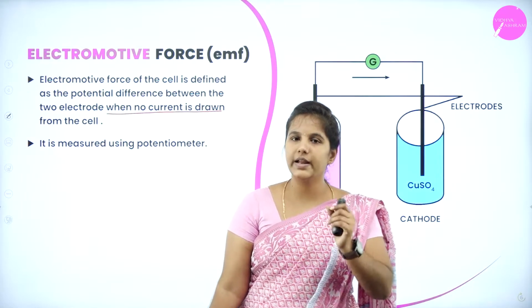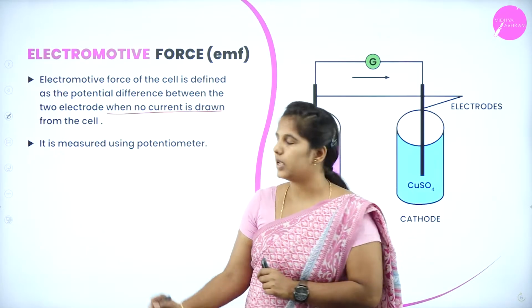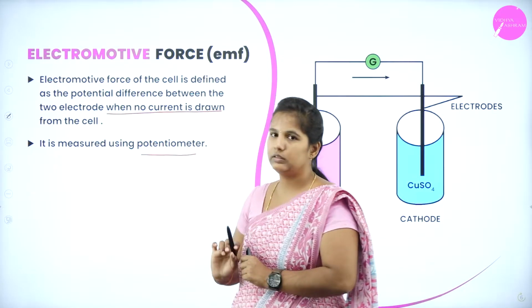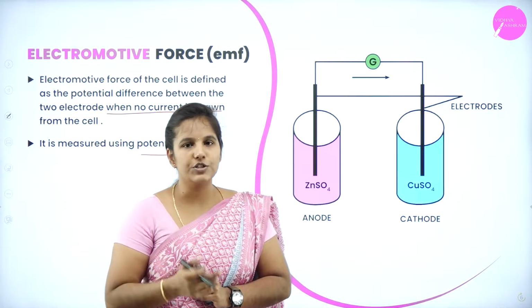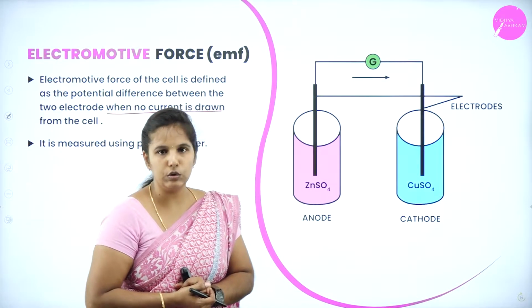It is always measured using a potentiometer, by which we can measure the potential difference between the 2 electrodes.